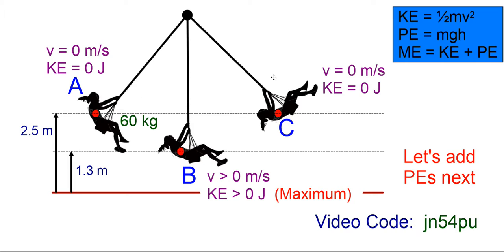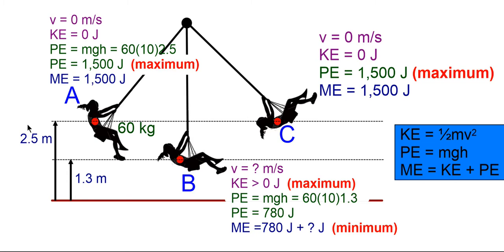All right, now we have KEs in here. Let's add our potential energies in here next as best we can. Now we know she's 2.5 meters above the ground here, don't we? So we definitely have potential energy because it has H in it. So let's see. For potential energy, we'll go mass of 60 times g, which is always 10, correct? Her height is 2.5, and that gives us 1,500 joules of potential energy.